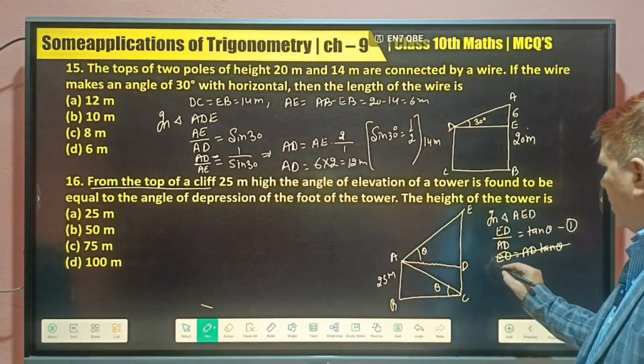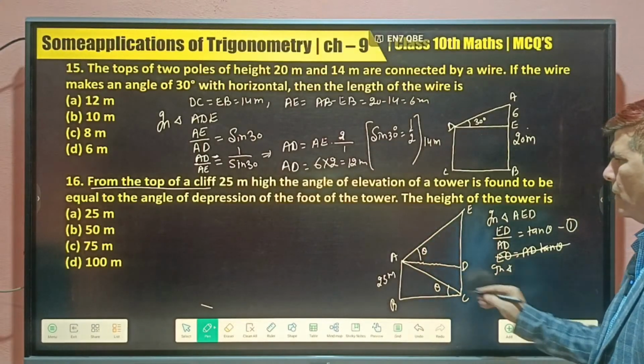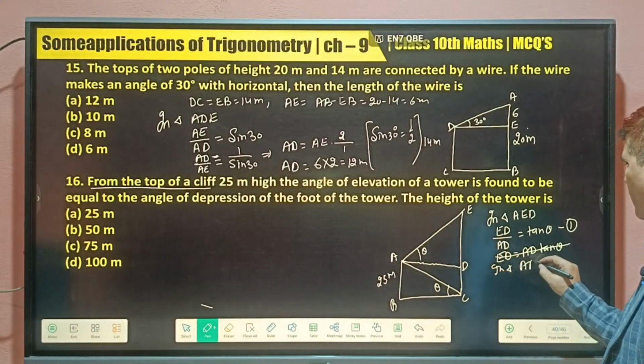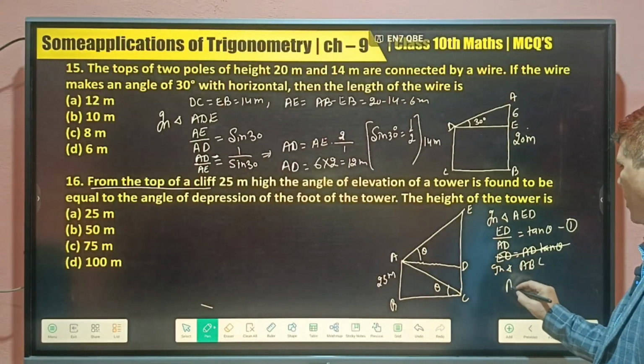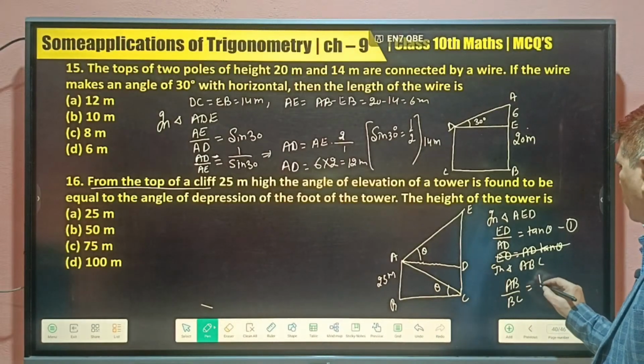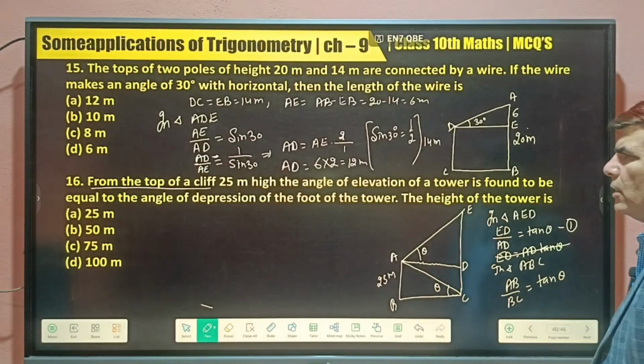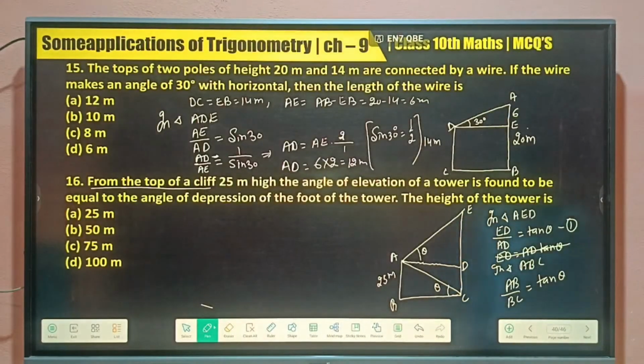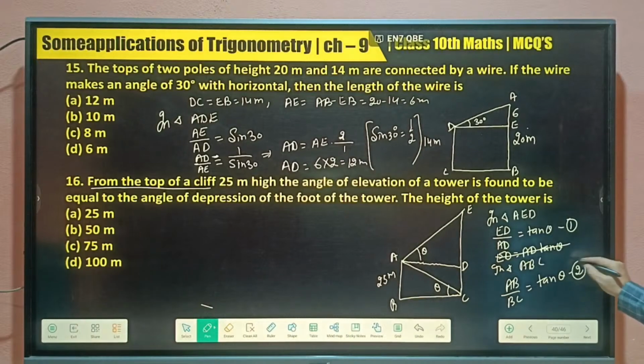Now in triangle ABC, AB by BC is equal to tan theta. Understood? From first and second, what we can say?